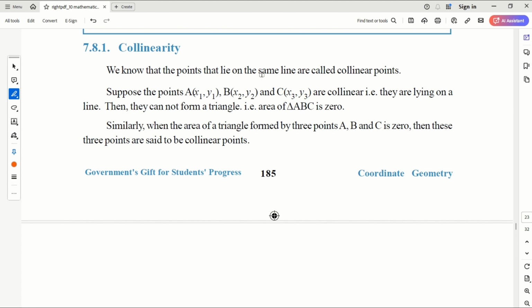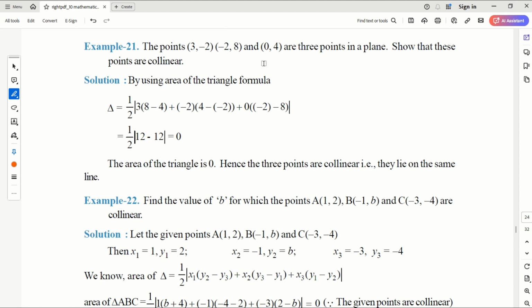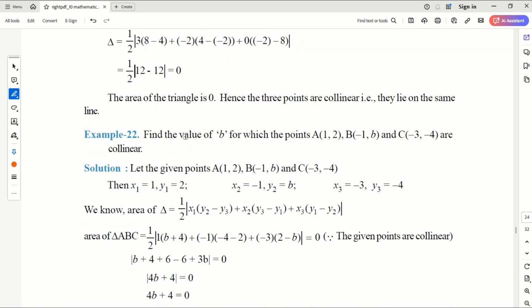Also, if the area of the triangle formed by the 3 points is 0, then they are collinear. So let's do some examples. If these 3 points are in a plane, show that these points are collinear. How do you show it? Just find the area of the triangle formed by these 3 points. If it is 0, that means they are collinear. Correct, this is the way.